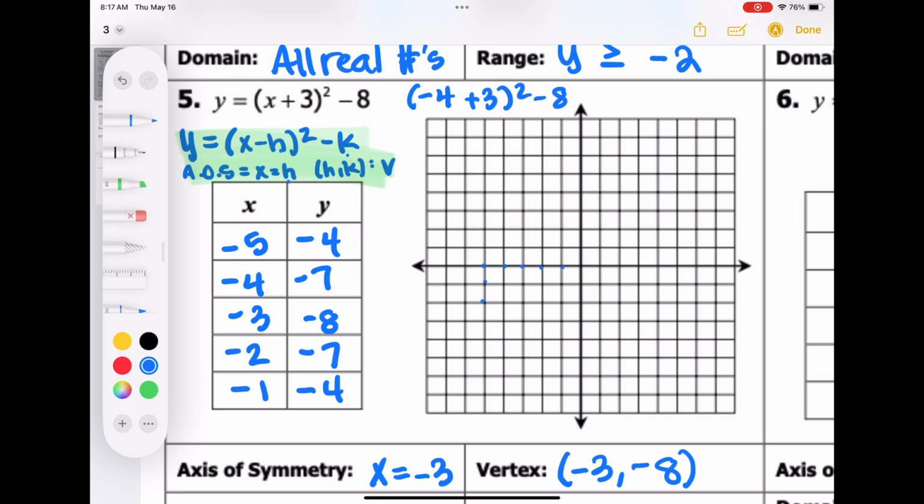I'm going to have negative 5, negative 4, negative 4, negative 7, negative 3, negative 8, negative 2, negative 7, and negative 1, negative 4. So this will be our quadratic.